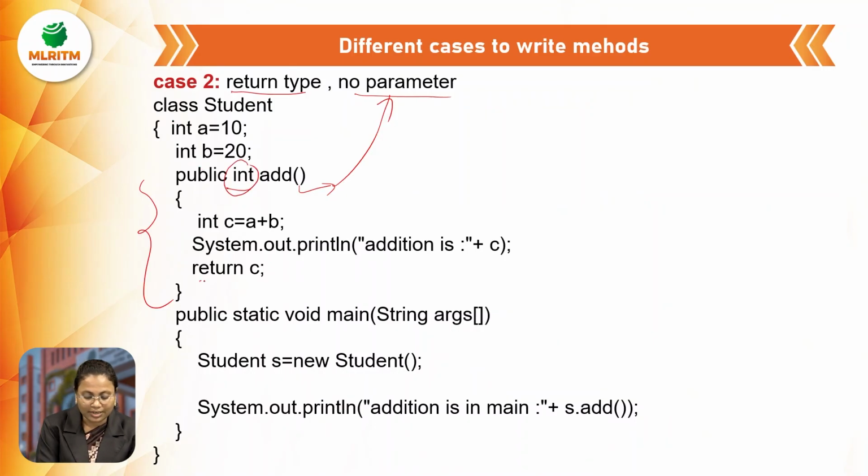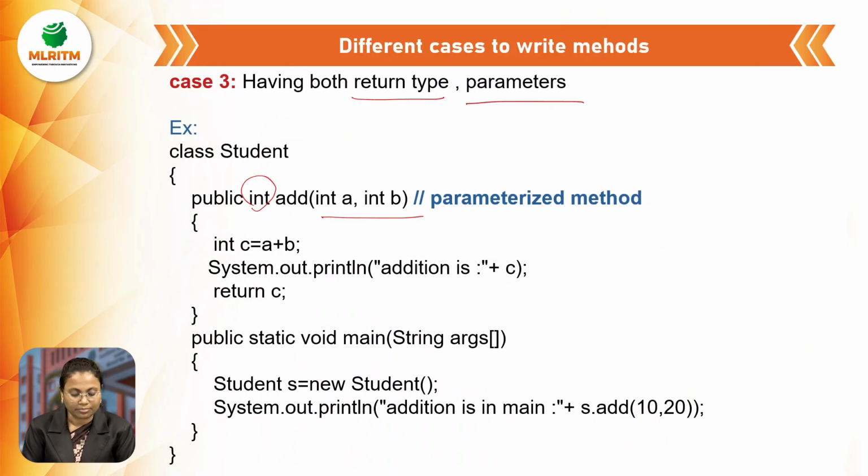So I should return what value? An integer value. C is an integer value, so I'm returning the integer value. Whenever we have taken a return type, we must return a value from that method. Similarly here, passing 2 parameters and int as the return type, so the result should also be of int type. This is one rule you need to remember.